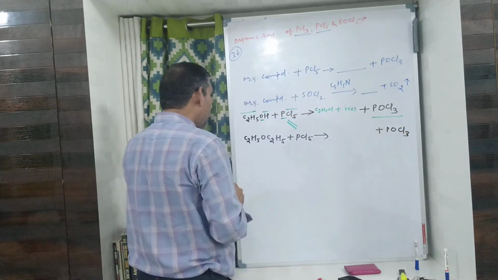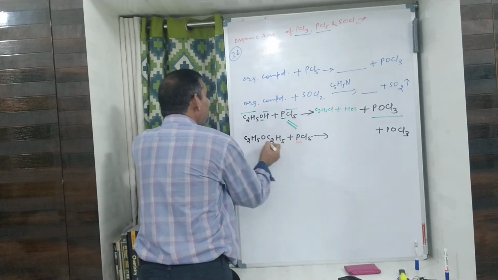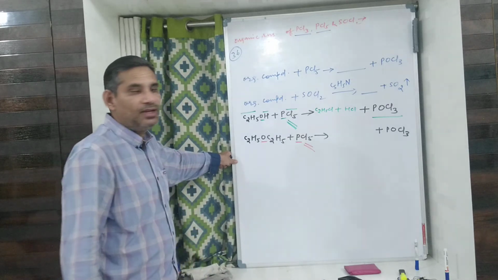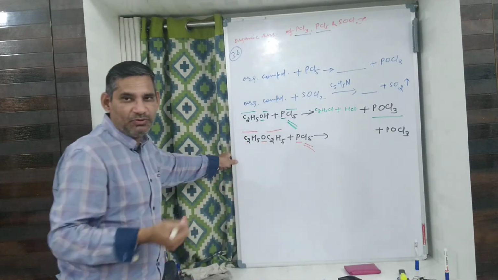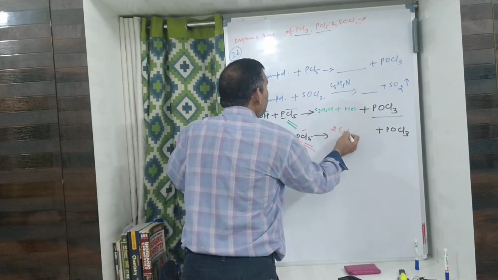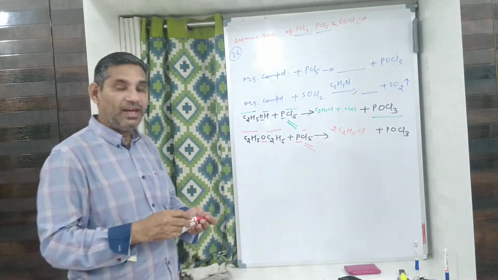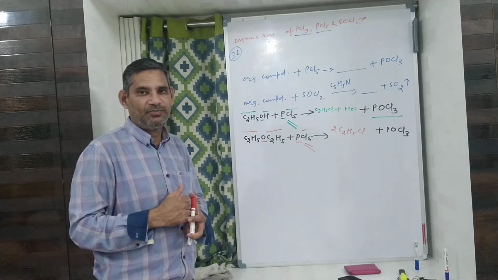See how this POCl3 will be taken: this is P, this is O, and 3Cl will be taken from here. Now see what rest is: 1C2H5, 1C2H5, so 2C2H5, and here 2Cl. So twice C2H5Cl. That's all. Here also valency as well as balancing both are addressed.